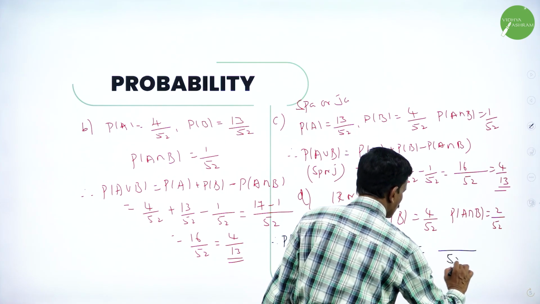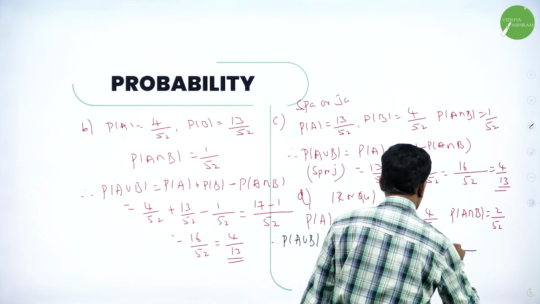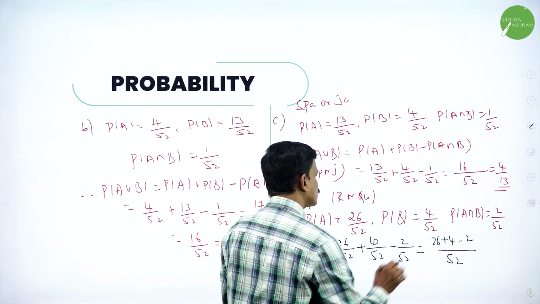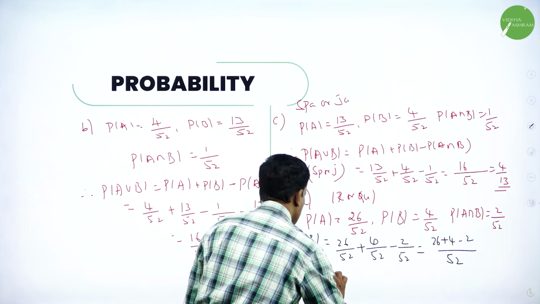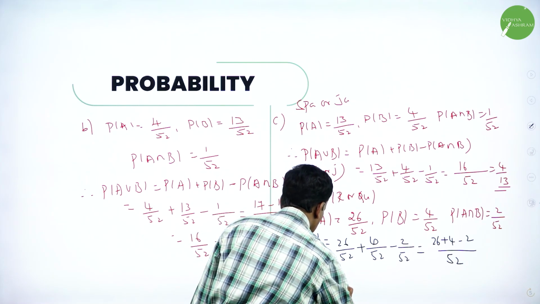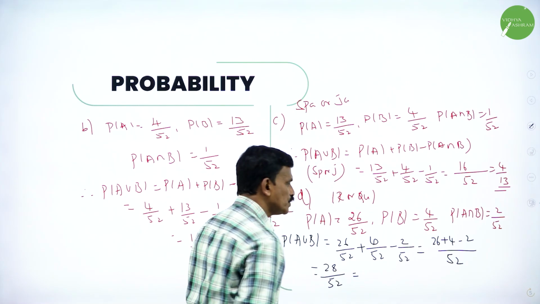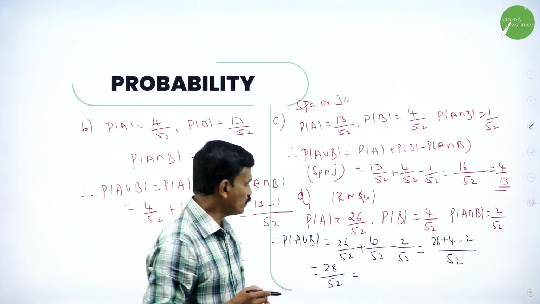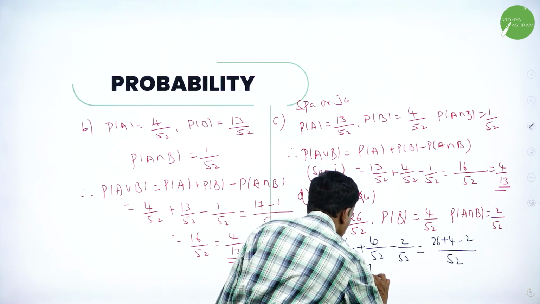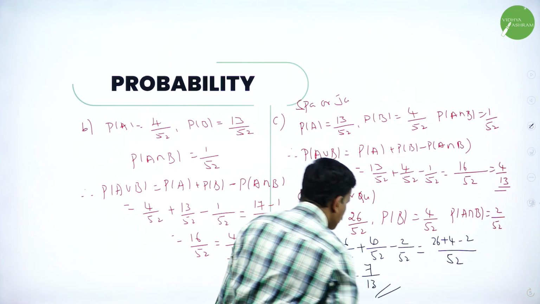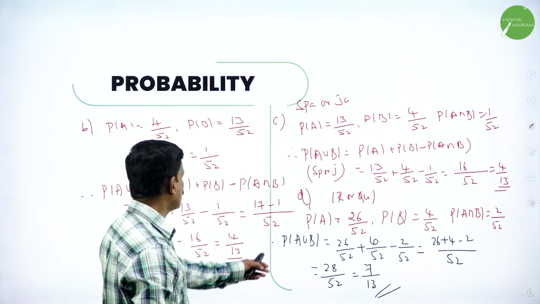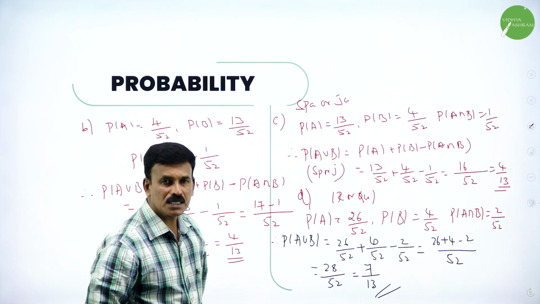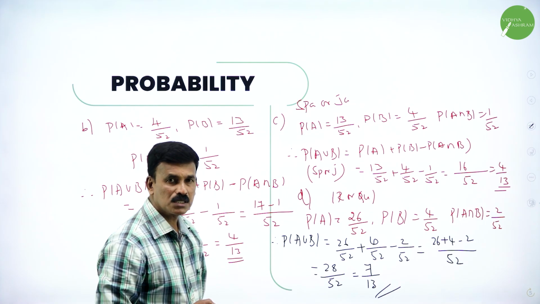Take LCM, 52 is the LCM. 26 plus 4 minus 2, that's 30 minus 2, which is 28 divided by 52. If you divide by 4, 7 4s are 28, 7 13s are 91... so 7 by 13 is the required probability. So the probability of getting red or queen is 7 by 13. That's it. This is how we are going to solve this problem.